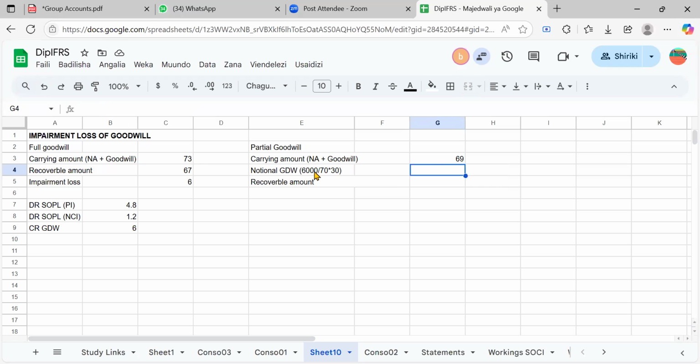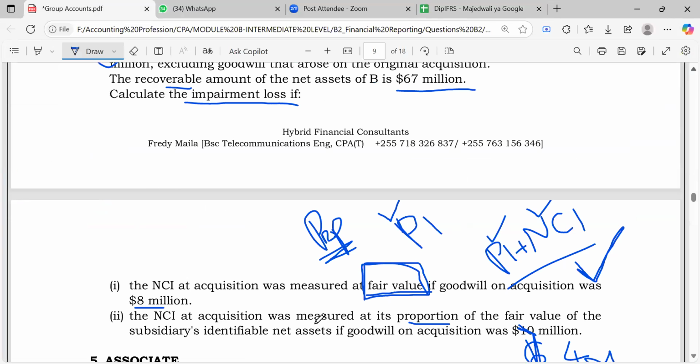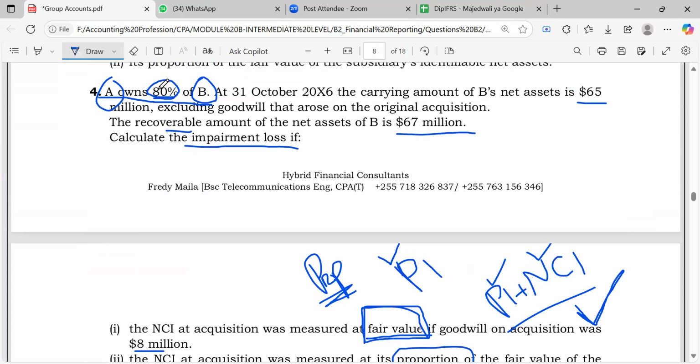About the notional goodwill now, we'll do it this way, like I told you. Remember, we have a goodwill of 4 million. This is a partial goodwill, so that goodwill is only 80%. Because I told you the partial goodwill, when you measure NCI as a proportion of fair value of net assets, that goodwill is only related to the parent interest, and the parent interest is only 80%.